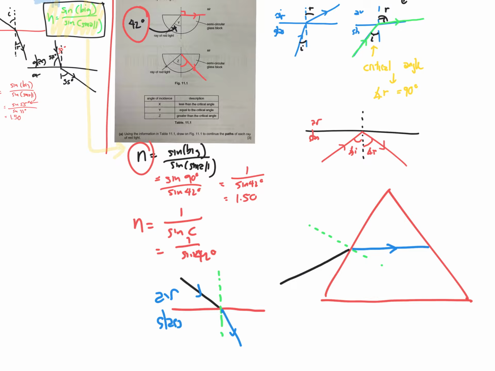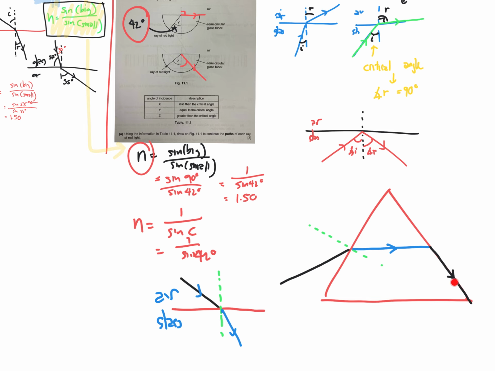Now, what if at this special angle it turns out that over here, this happens? What's happening here? How come it's along the surface? Is this total internal reflection?